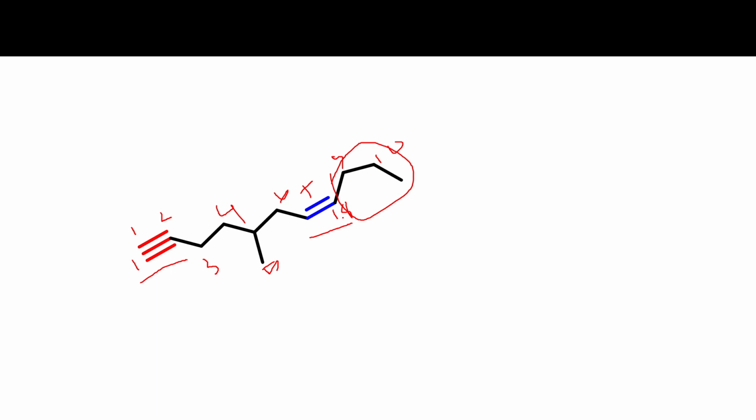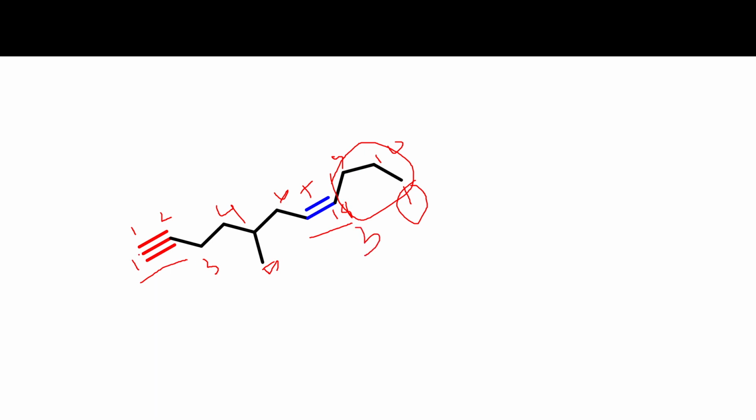And if there is a double bond and a triple bond present, but the triple bond is at the last end of the chain, then we start the numbering from the end of the chain, not where the double bond is present. From this side, the double bond will be at number 3 position.